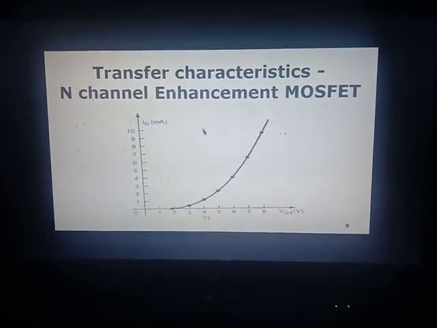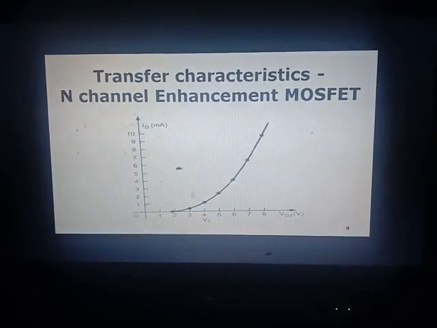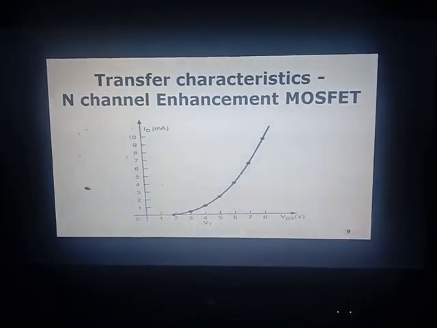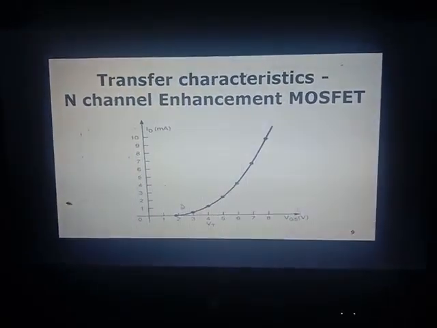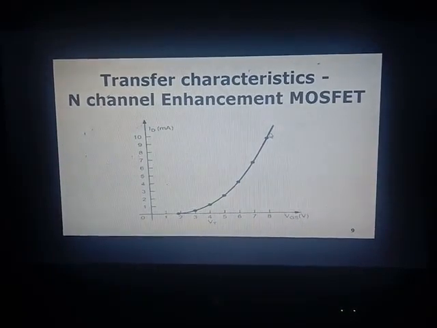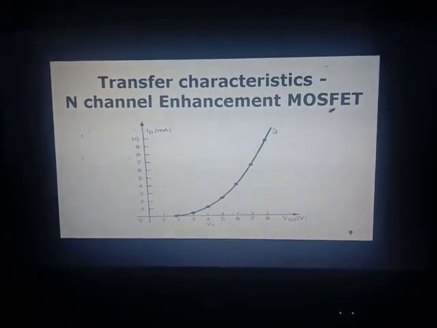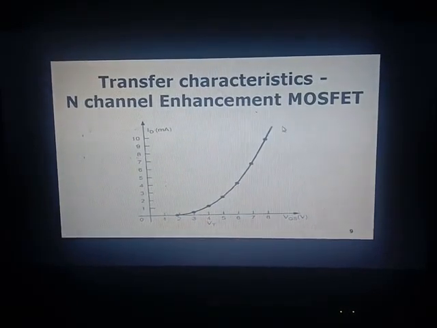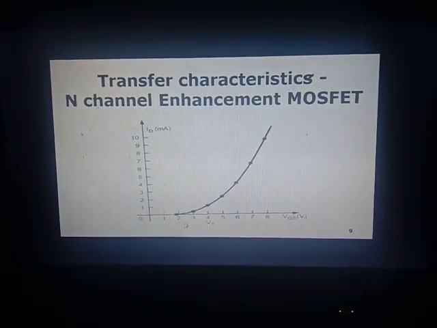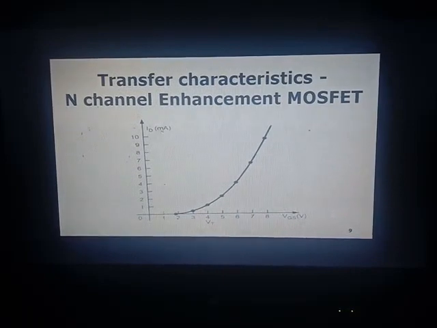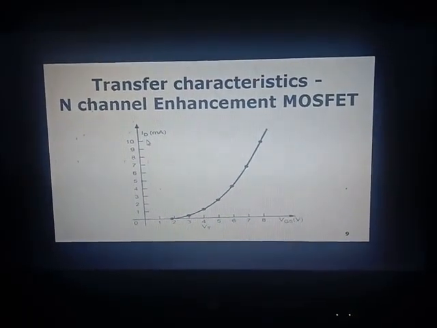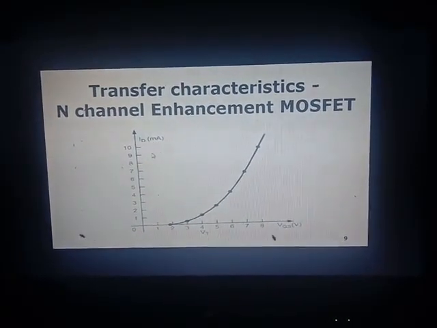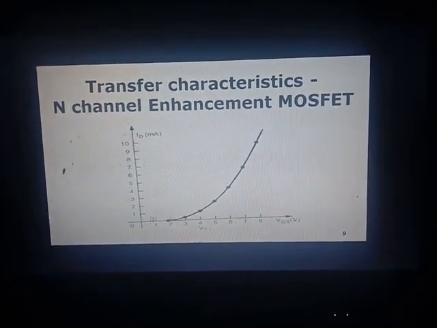Transfer characteristic curve. This characteristic curve is drawn between VGS versus ID, gate to source voltage versus ID. Assume that we are keeping VDS, the drain to source voltage, equal to 5 volts. Even though we have a drain to source voltage of 5 volts, there will not be any current flow because there is no inversion layer between drain and source.